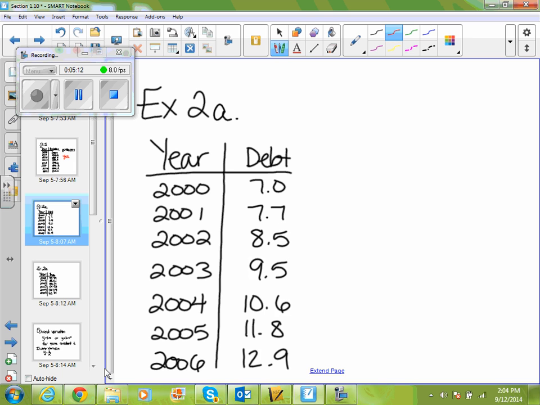You leave your years the way it is, so 0, 1, 2, 3, 4, 5, 6, and then your debt would go into list 2.